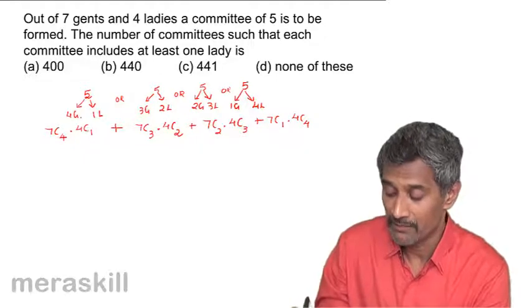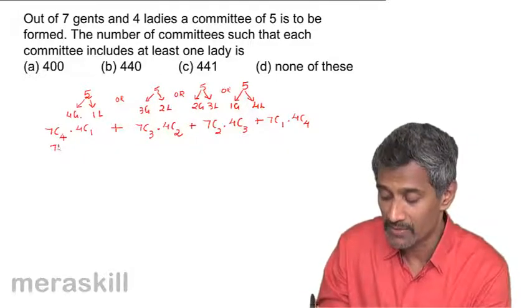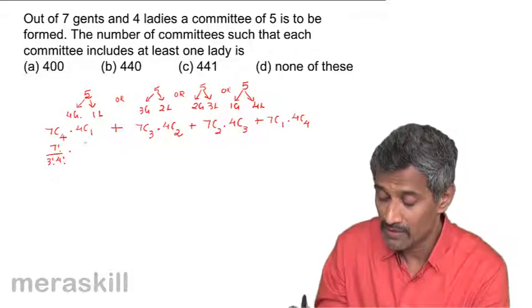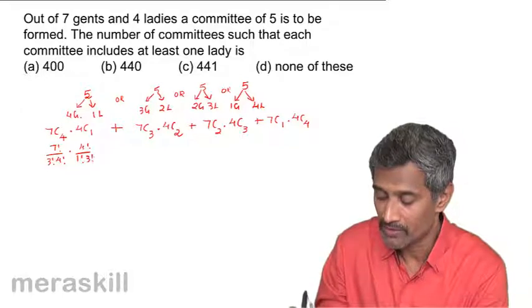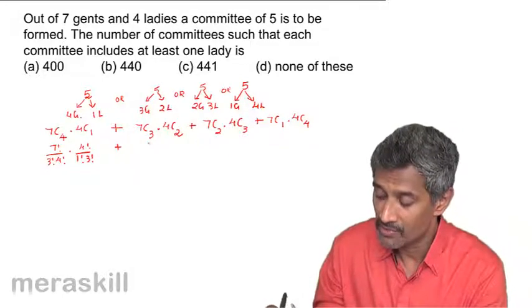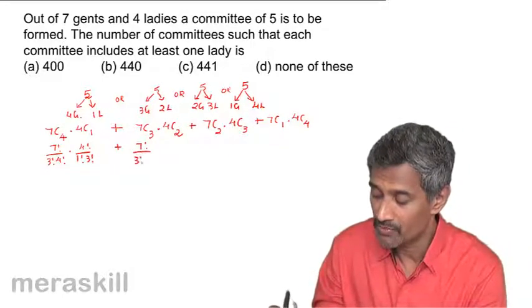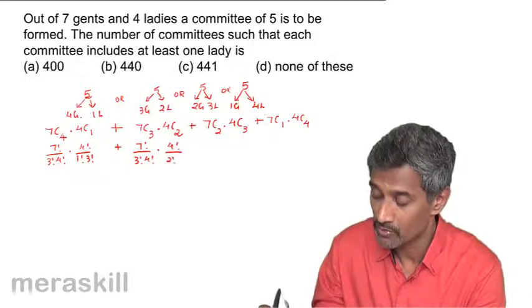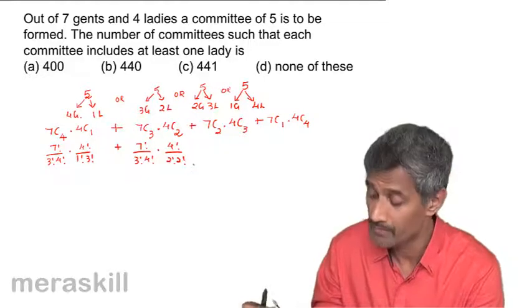So that is 7C4 into 4C1. This turns out to be 7 factorial by 3 factorial into 4 factorial. This would be 4 factorial into 1 factorial into 3 factorial. And this would be 7 factorial upon 3 factorial into 4 factorial. This would be 4 factorial upon 2 factorial into 2 factorial.